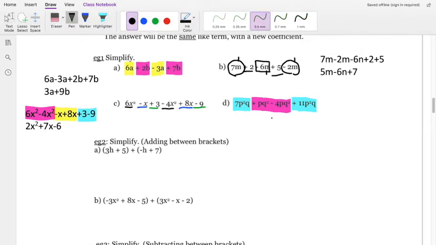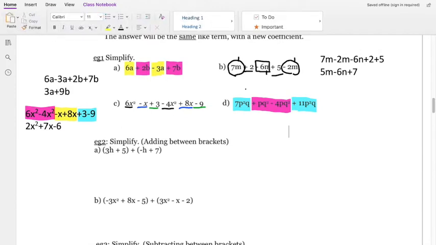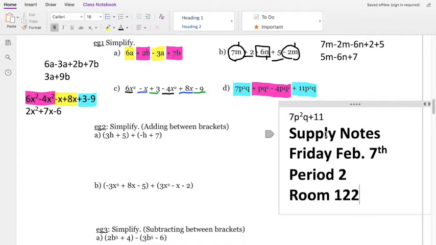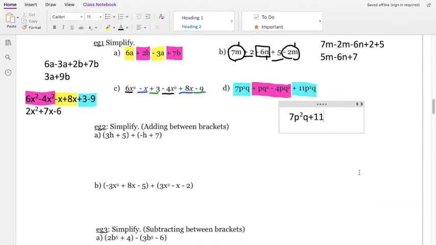Right? So let's do it the old-fashioned way here. I can have 7p squared q. Copy this. Plus 11p squared cubed. Oh, what the heck? That didn't copy. Copy.